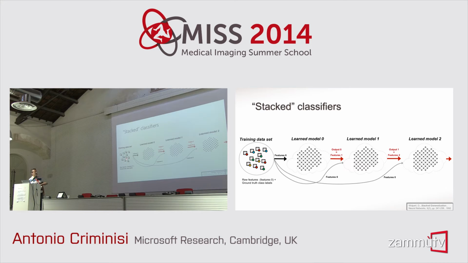So you have your training data set. Remember my representation with the squares representing features and then some classes attached to them. So you extract some sort of feature representation out of them. We call them features 0. And you learn a model, a classifier model, okay?